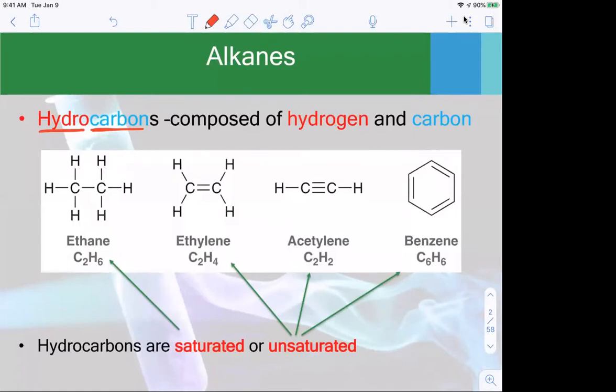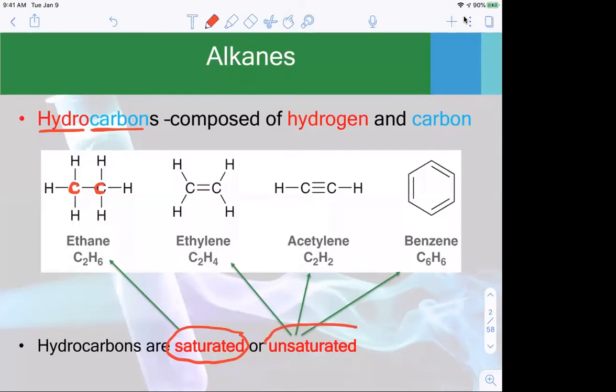Now, if I put carbon and hydrogen together, I can get something that's saturated, which means my valencies of carbon are all single bonded. So I don't have any double bonds, I don't have any triple bonds. What I have is a fully saturated, every carbon has 4 other atoms attached to it. And that would be not 4 bonds, but 4 other atoms attached to it.